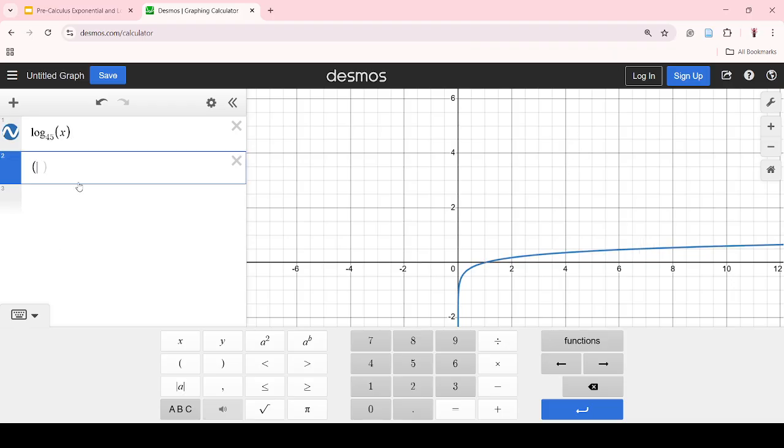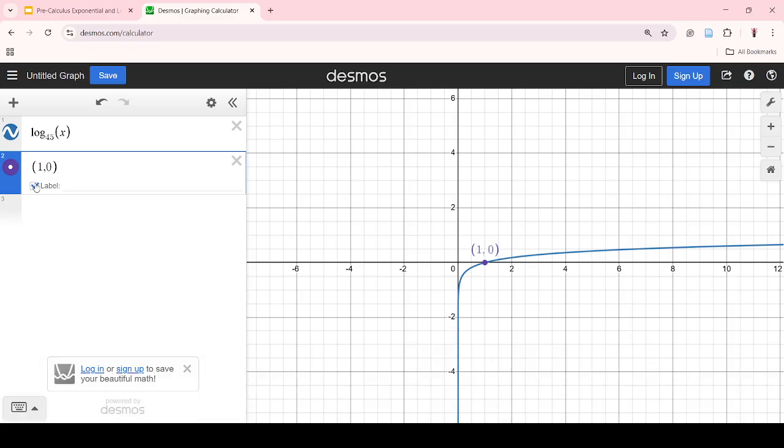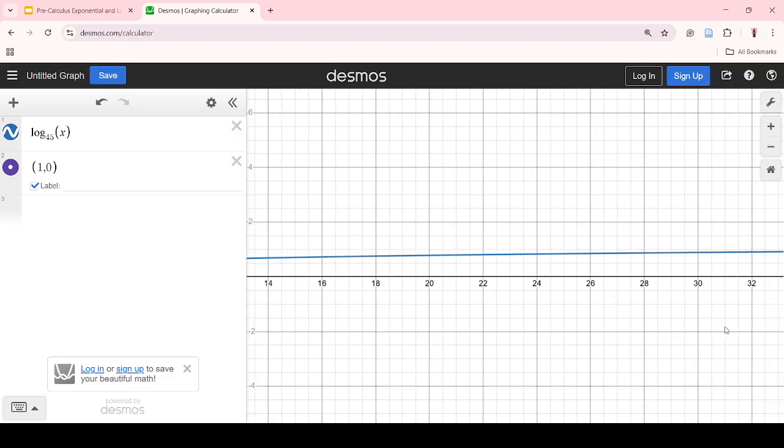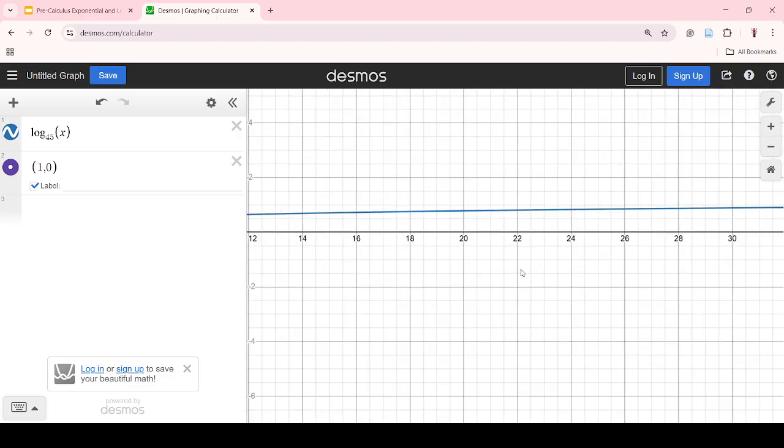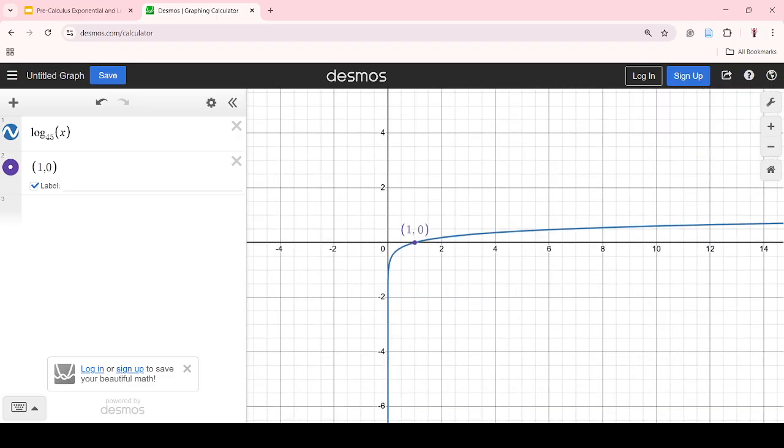Does this intersect on (1, 0)? Yes, it does. So that is one key indicator that this is a logarithmic function. Does it grow very slowly? Yes, it does. And is it going to undo the exponential?